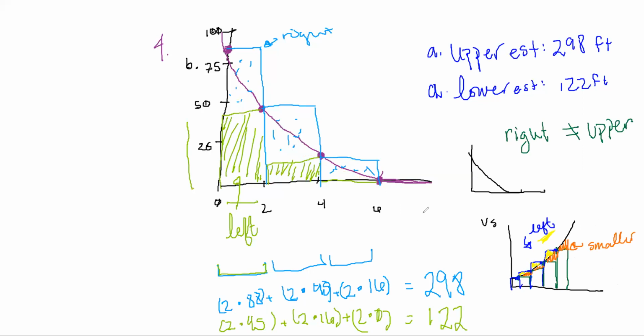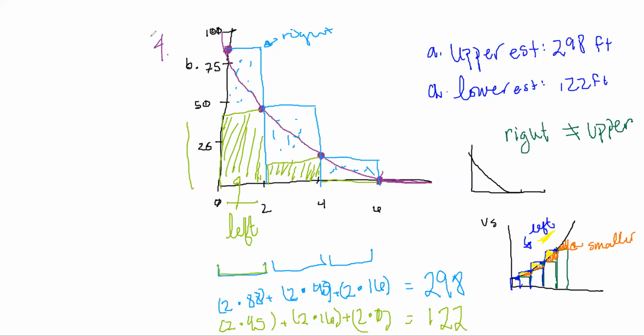Okay. Cool. So that is problem 4. We found our upper estimate and our lower estimate. I just want to reiterate, just to make sure everyone understands, that this curve is trying to say exactly how far this car is going to be from the point at which the brakes go on.